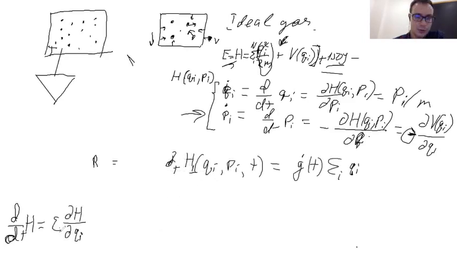So this symbol with the Latin letter d means that I need to differentiate the Hamiltonian with respect to each function, use the composition rule, and then take the derivative of each function of time.